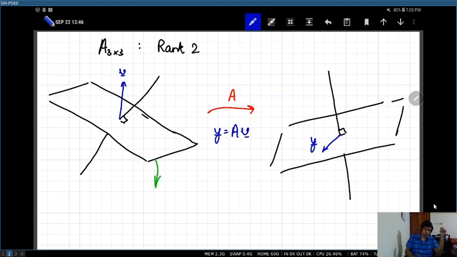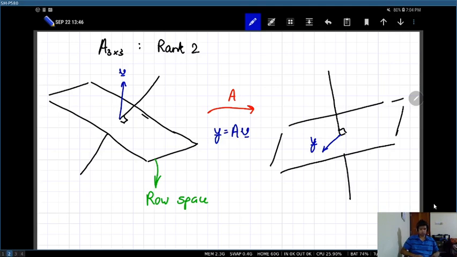Right, so let's assume that this plane, of course I've drawn it like a bounded plane, but in fact it's an unbounded plane stretching out all the way up to infinity in all directions. So this is the row space, right? So it's a plane, and this is the span of the row vectors of A, right?